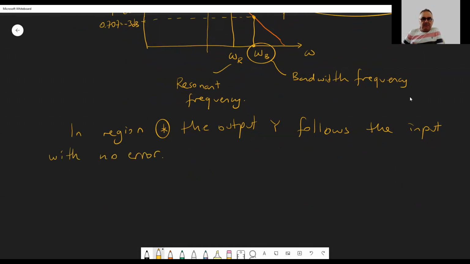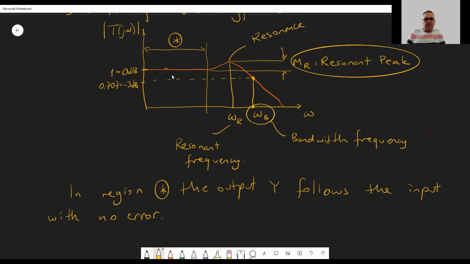In this region, you are okay. The output exactly follows the input because the transfer function is equal to 1. Actually, this is the ideal case. We would like the transfer function to be equal to 1 for all frequencies if possible, but that's not possible.